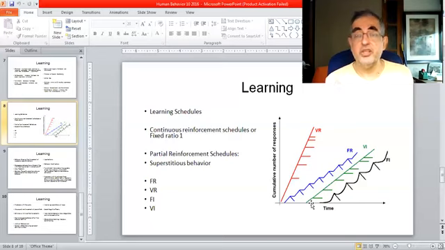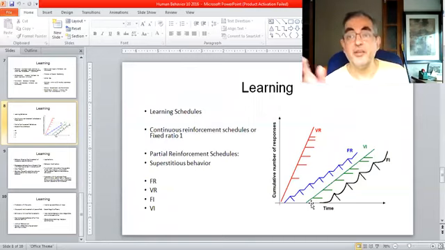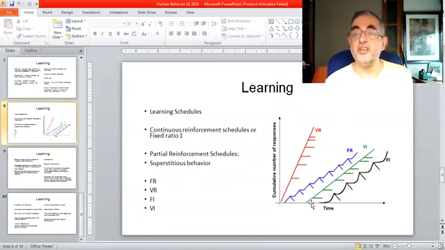Animals, using variable intervals, have actually been put into situations where they're expending more calories doing lever presses than they're getting from the food pellets. They're literally working themselves to death using variable intervals.